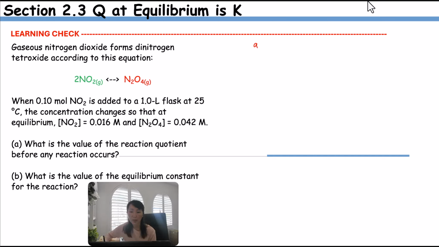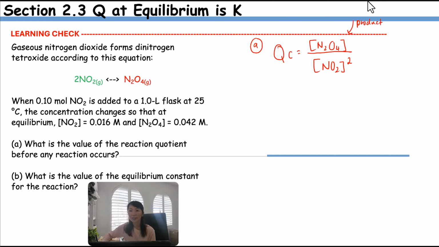So here's A. We know that Qc is equal to the product, which is N2O4, to the first power, over the reactant, which is to the second power, right? Now, before any reaction occurs, do I have any product?